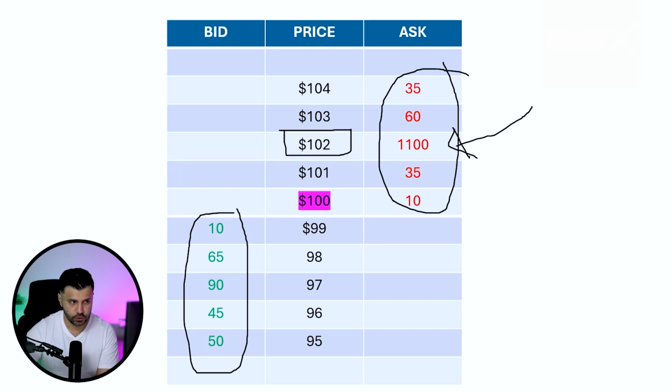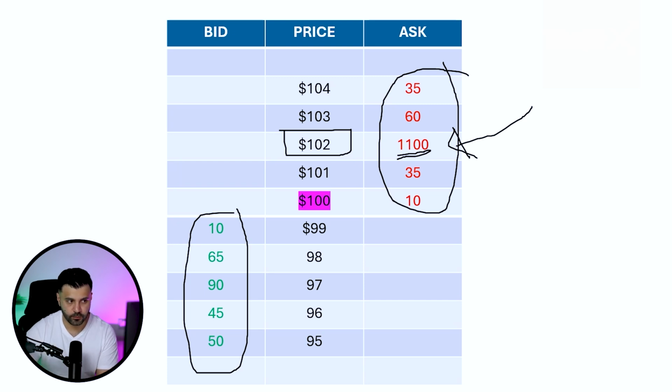That means there's a huge sell wall here, so there's going to be obvious resistance at this point, and it's going to take a real big push from the buyers to get through 1,100 contracts.